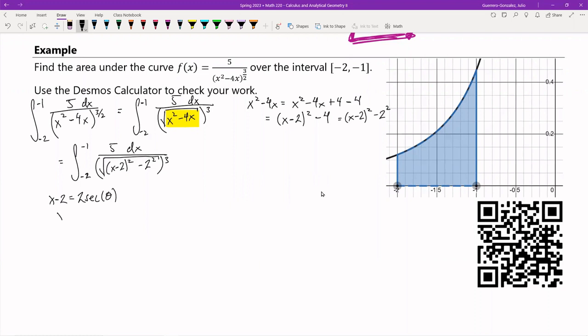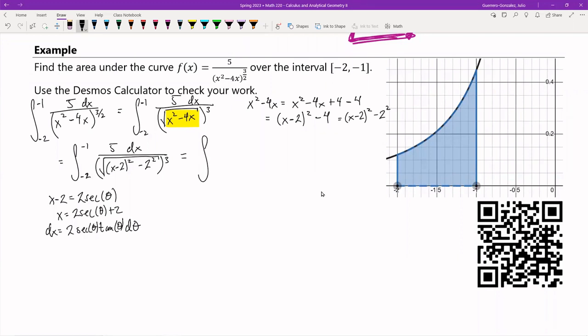If I do that, then x is equal to 2 secant theta plus 2, which means dx is equal to 2 secant theta tangent theta d theta, because that's the derivative of secant theta. Okay, we are off to the races.